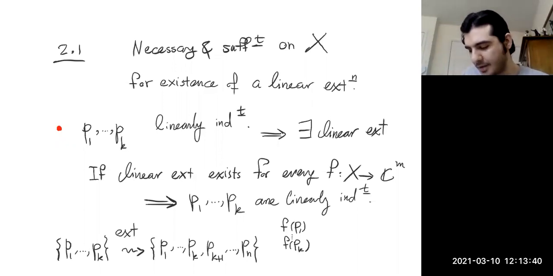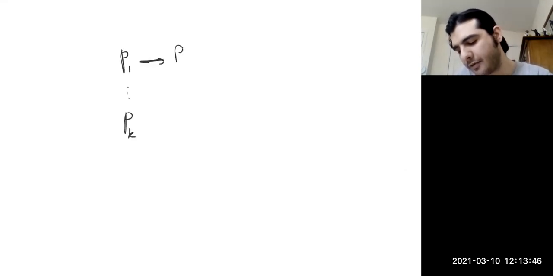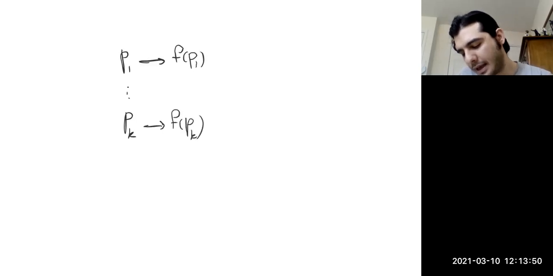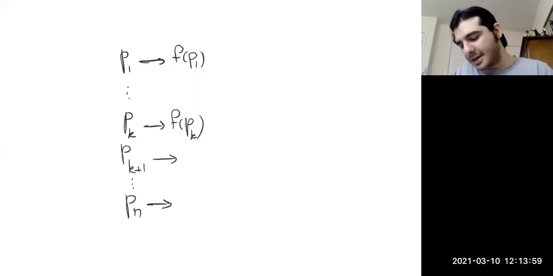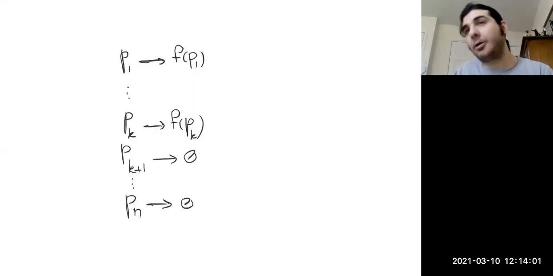So P1 up to Pk, they are already defined. It goes to f of P1 up to f of Pk. And then for Pk plus 1 up to Pn, I can define it anything I want. I would choose the simplest one. I can say, let's send all of them to 0, right?